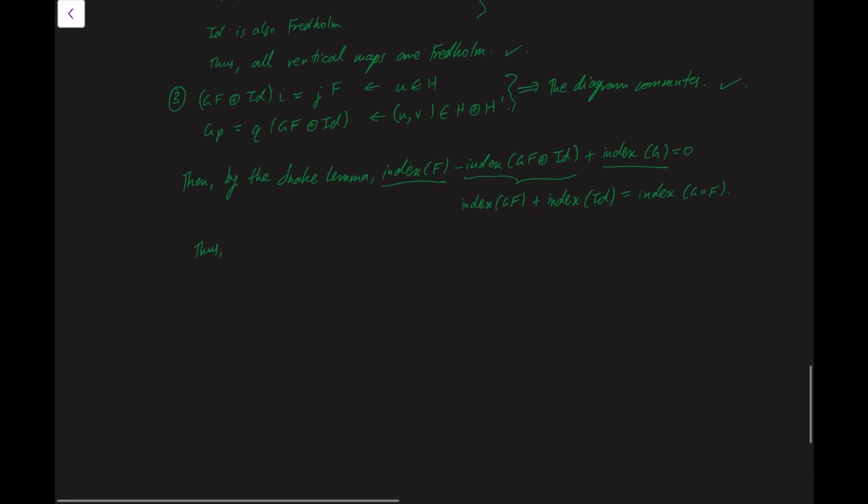Thus, if we rearrange, we get that the index of f plus the index of g minus the index of g composed with f equals 0. And so the index of g composed with f equals the index of f plus the index of g.